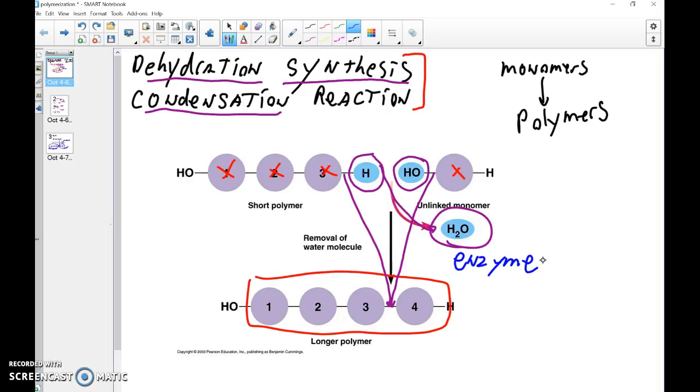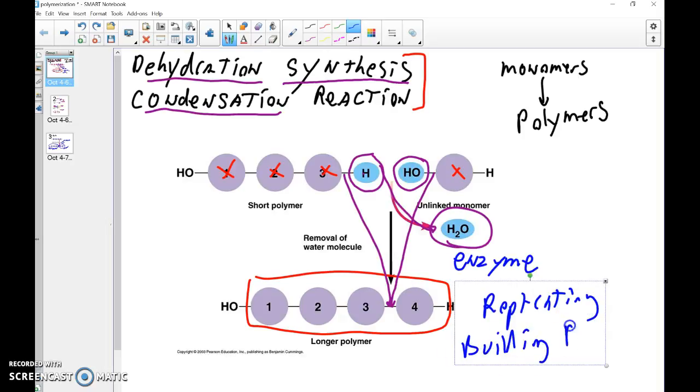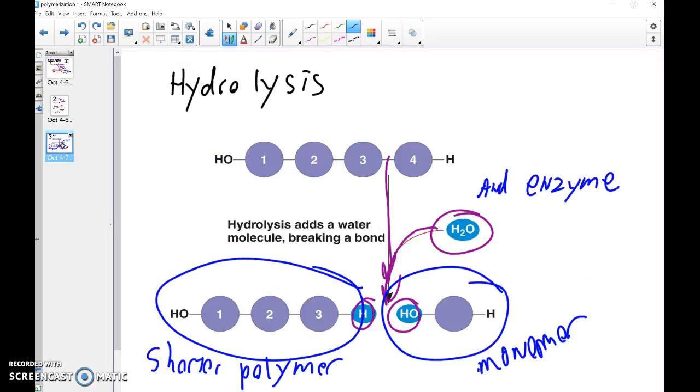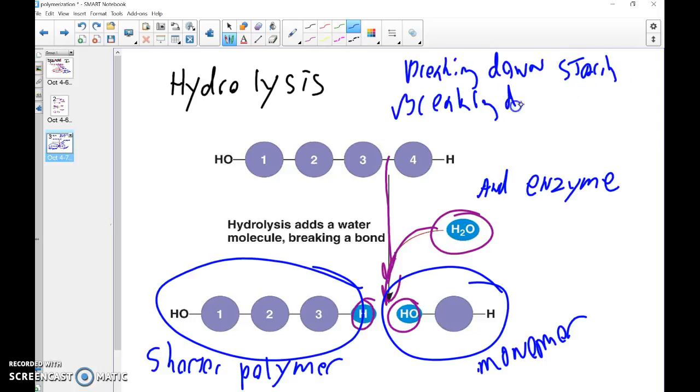So, for instance, you might polymerize an organic macromolecule if you were replicating DNA, or if you were building a protein, okay? Those are just some real quick examples. You might depolymerize a molecule using hydrolysis if you were breaking down starch to eat, for energy, or if you were breaking down fat for energy.